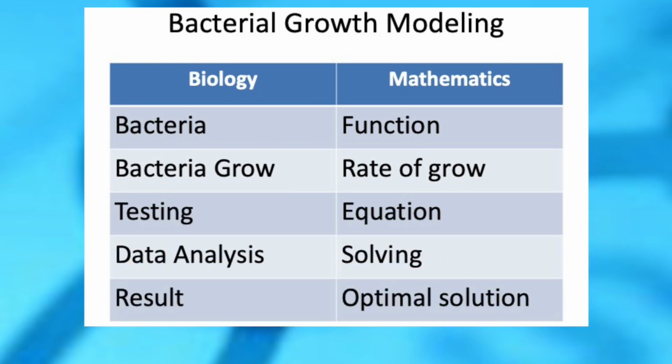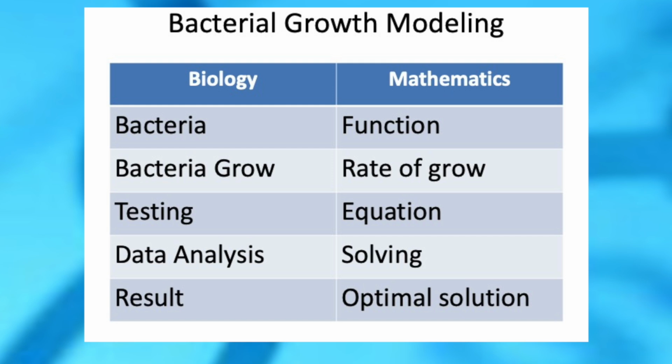Next, testing is very important, because without testing he never concludes a decision or any rule. Next is data analysis. Whatever the data of that experiment, this data needs to be analyzed by a statistical tool, then ultimately we have the result.